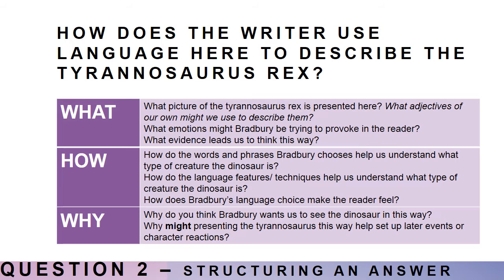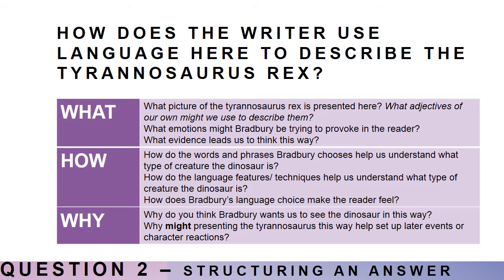And of course, we need to think what evidence leads us to think this way. We know that we need quotations to support our ideas. We know that we need short, precise quotations. If we're only going to unpick one word, that's the word we need to quote. We don't need to quote a whole sentence.